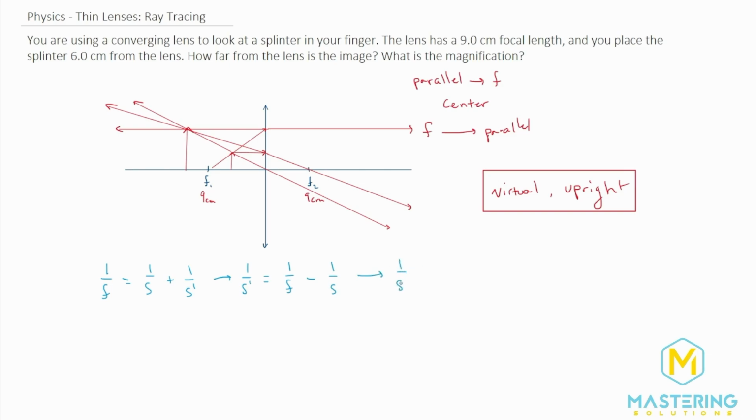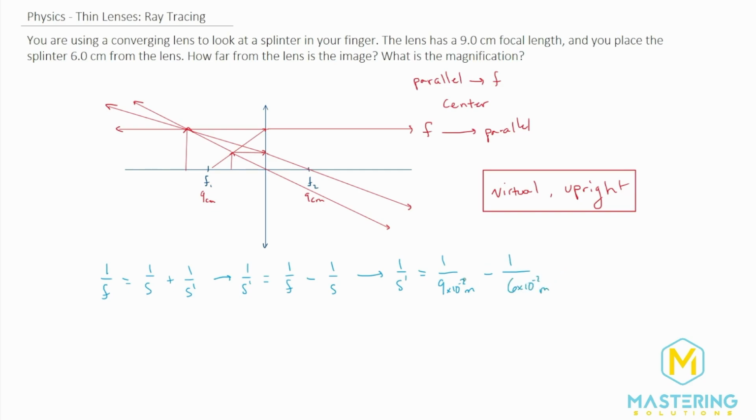So we have 1 over s prime is equal to 1 over the focal length, which we said has a 9 centimeter focal length. So we have 9 times 10 to the negative 2 meters minus the object distance, which we said was 6 centimeters. So we have 6 times 10 to the negative 2 meters.